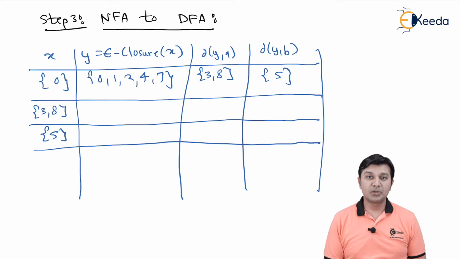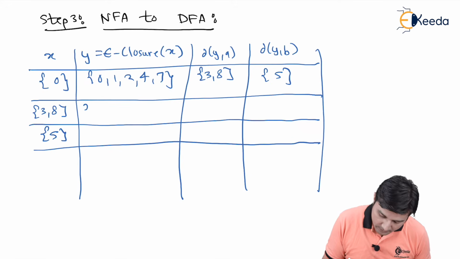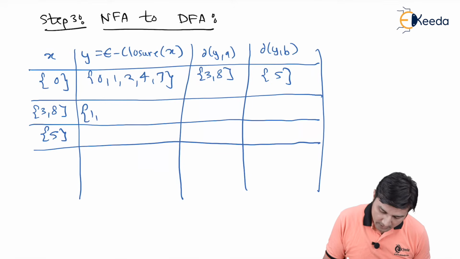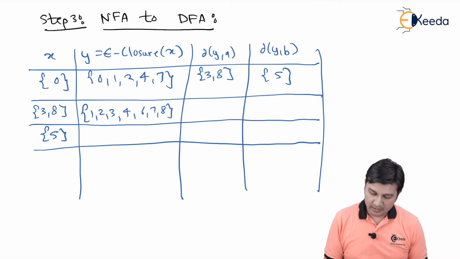Now the epsilon closure of 3, 8. We already saw what is epsilon closure of 3, 8 in the definitions example. So I'm going to directly write over here. Epsilon closure of 3, 8 is epsilon closure of 3 union with epsilon closure of 8, and that gave me the answer 1, 2, 3, 4, 6, 7, 8.